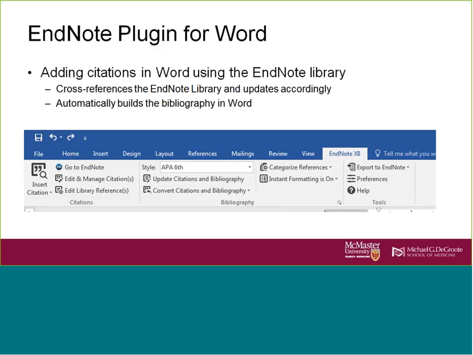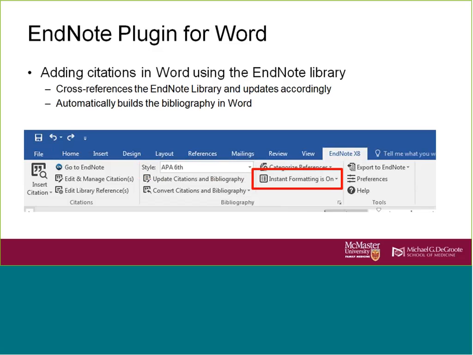So this is a shot of the EndNote plugin in Word, highlighting a few important parts. This is where you can insert citation, you can edit citations, go to EndNote, go back and forth. Here's where you can edit the style. You just change the style, it'll change automatically. And an important part here is instant formatting.